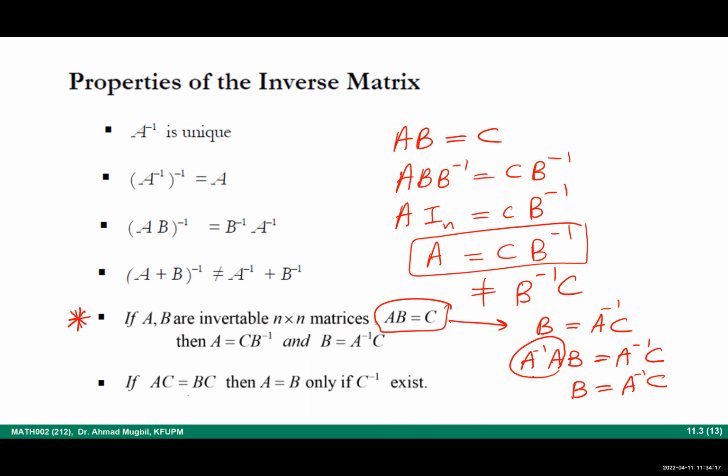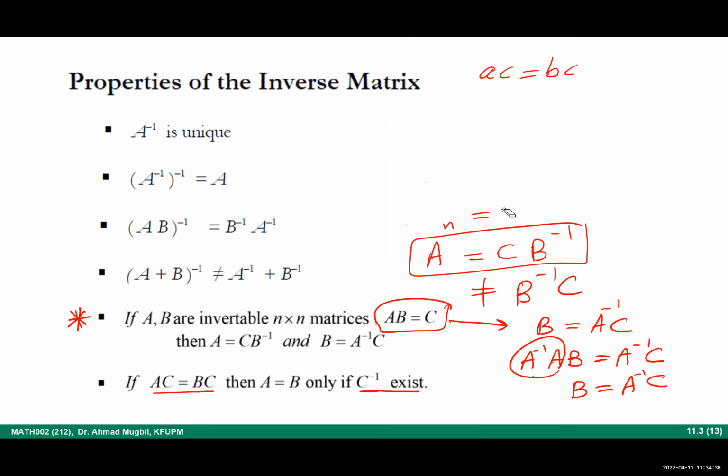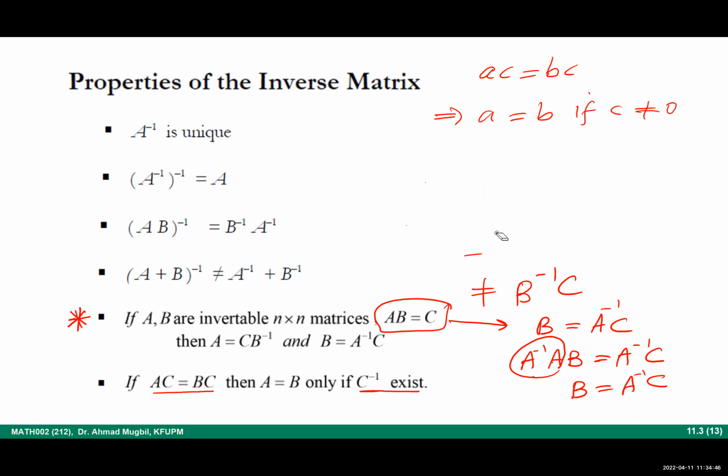The same here. And this is a very interesting property for matrices. If AC equals BC, then A equals B only if C inverse exists. For numbers, we know that this is always valid unless, of course, the number is 0. If you have AC equals BC, and we are talking about numbers, then of course this means that A equals B if C is not 0. For matrices, if you have AC equals BC, then what is the condition to have A equals B?